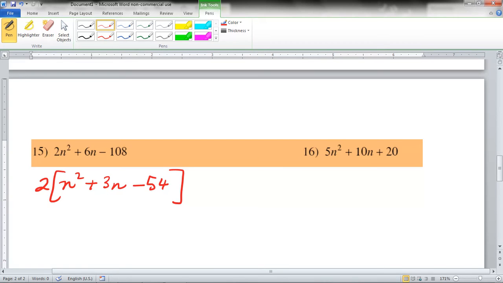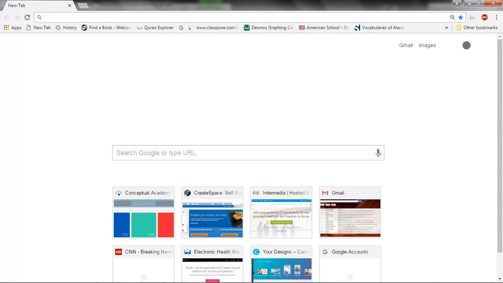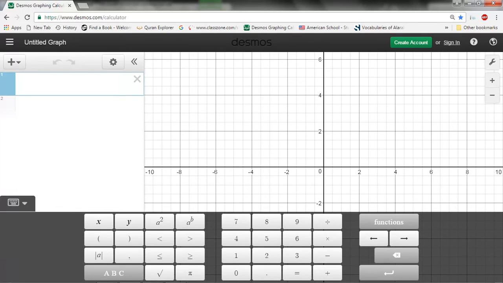And then you start factoring. So then you go like this. Okay? So this is n and n. Now you have to figure out what are the factors of 54. Okay, so 1 and 54. 2 and 27, right? And 3 and what's this going to be? 54 divided by 3. 18.